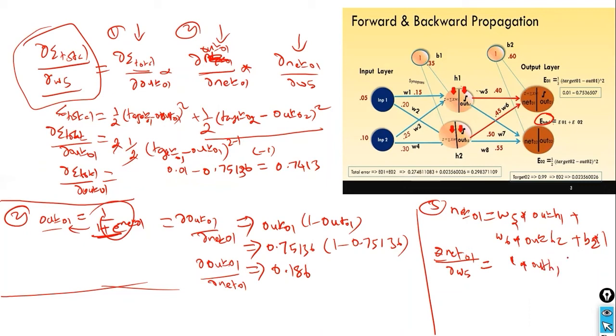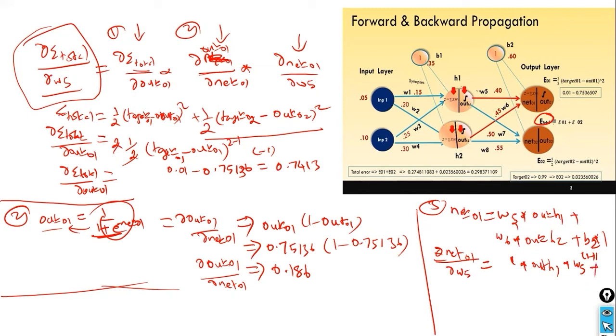The power rule also comes into picture: W5 to the power 1 gives 1 coming down, W5 to the power 1 minus 1, and then out H1.